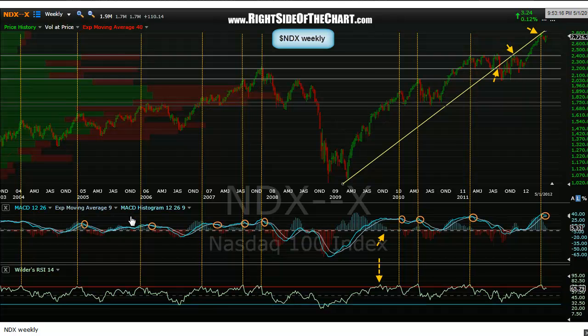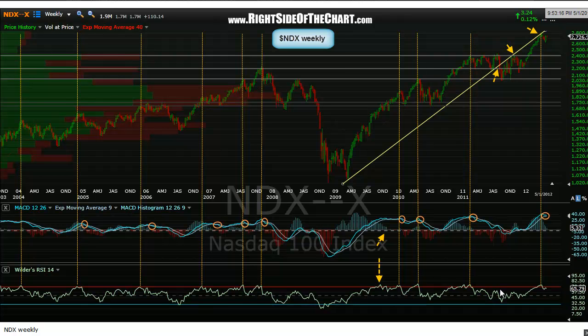So let's start with these lines here. As you can see, I've added some horizontal yellow and orange lines. Let's go down here. This is the RSI 14, the red line being the 70 level, which is considered overbought.